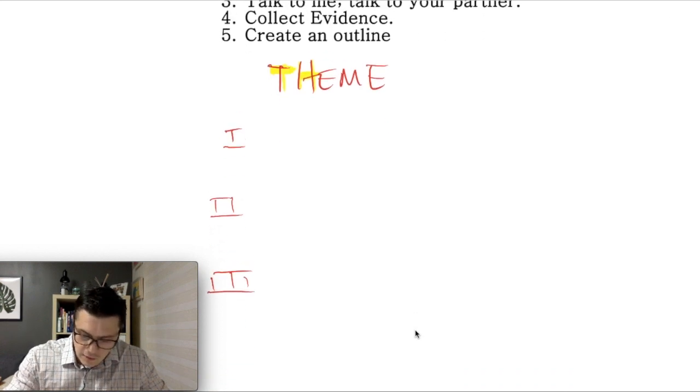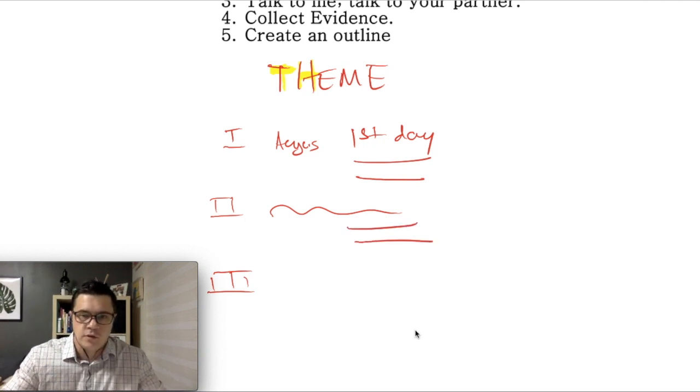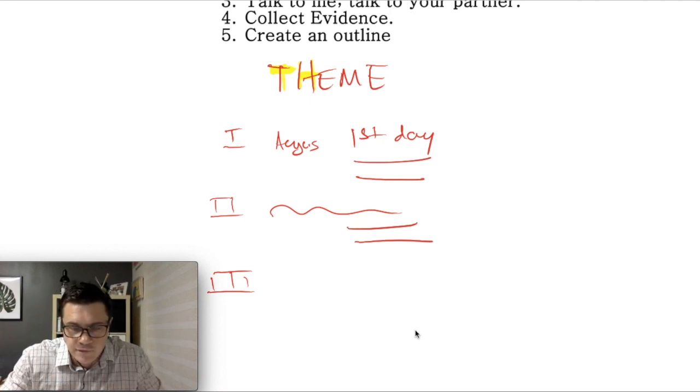So you go through your book and you think, okay, first I'm going to talk about Augie's first day of school. And then I want to say this and this, and then my second paragraph, to show that the lesson the author teaches is another thing that happened in the story, and these are some examples of it. So you could come up with some kind of outline like that, and you'll have this with you tomorrow when you write.